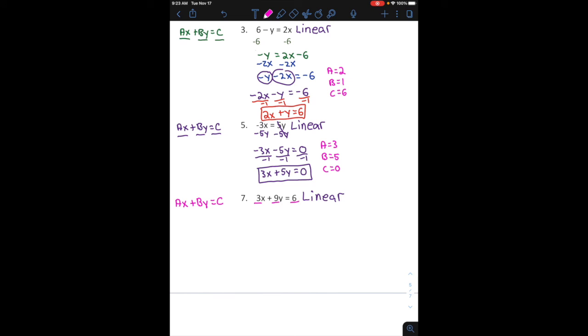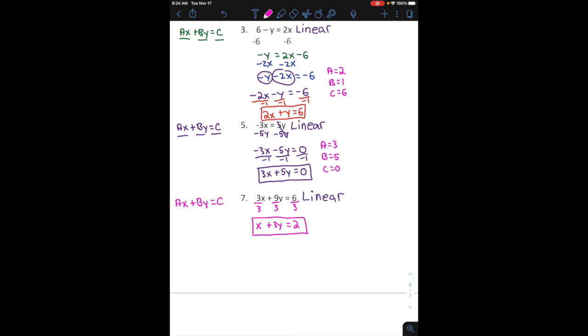Is there a number that goes into all three, 3, 9, and 6? Yes, that would be 3. So the greatest common factor is 3, not 1. So we're going to divide all the coefficients by 3 to get x plus 3y equals 2. And this will be our standard form.